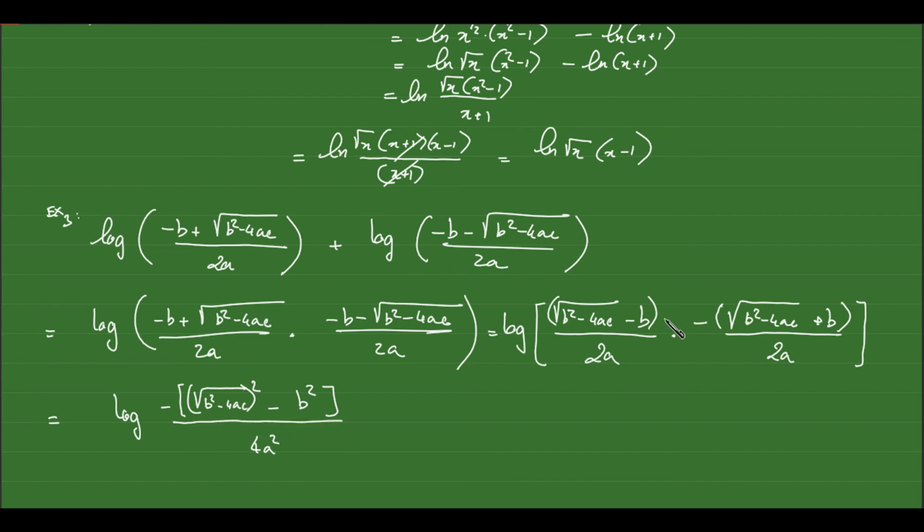Because this is a plus b times a minus b, it will be a squared minus b squared. Right now, I'm going to distribute the minus in. So if I distribute the minus, it becomes positive b squared minus b squared minus 4ac squared.